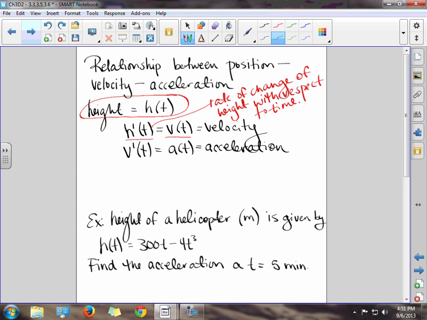All right, so this is our velocity. If we want the rate of change of velocity with respect to time, this is the derivative of velocity, which gives us acceleration.